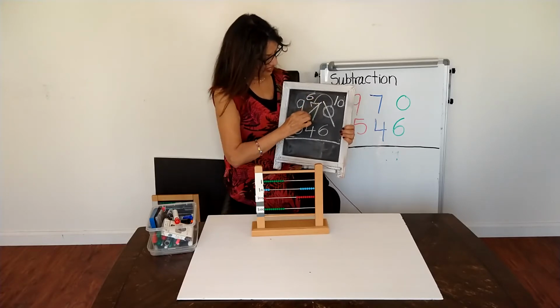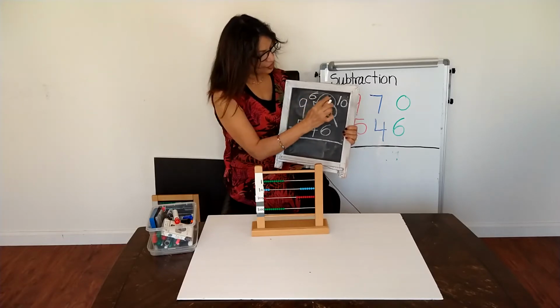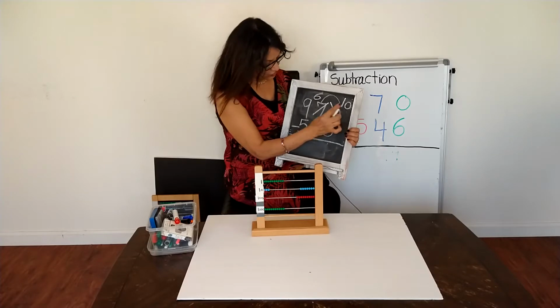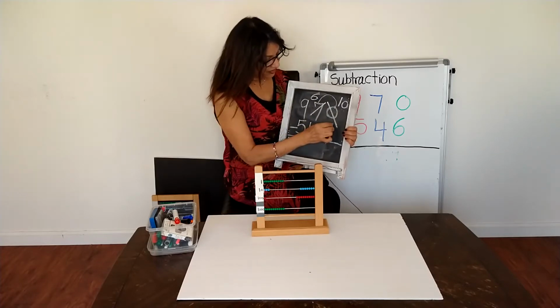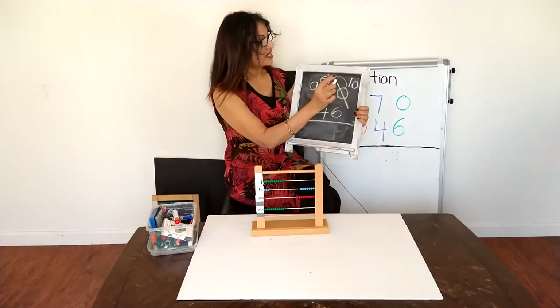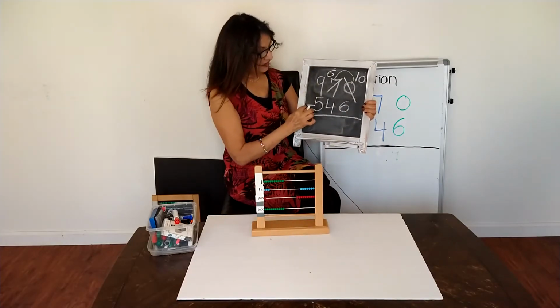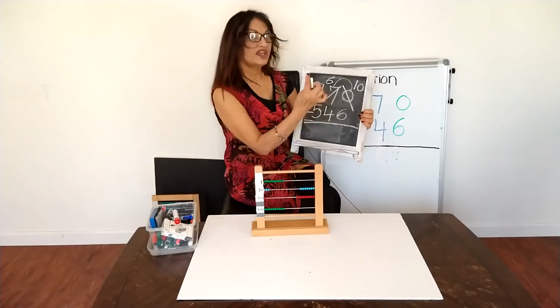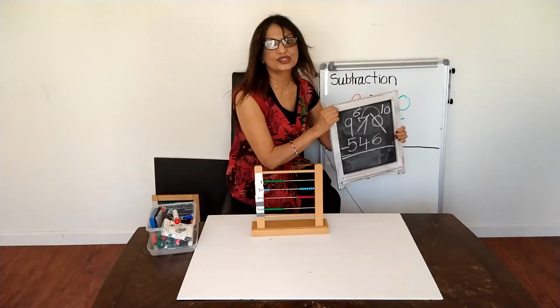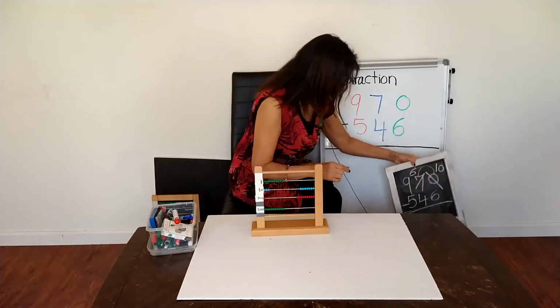No more 7 tens. Now 6 tens, so 10 units. So now we have 10 units to give away 6. We have enough units. So I'm going to show you on the bead frame.